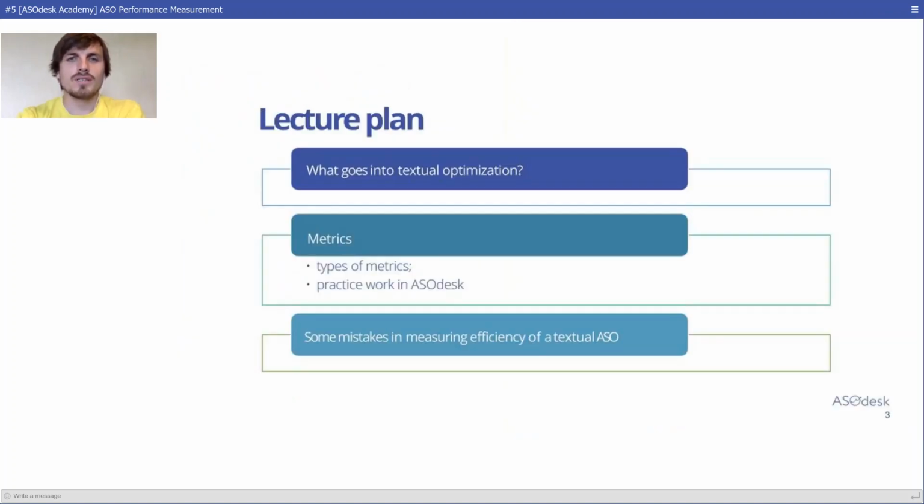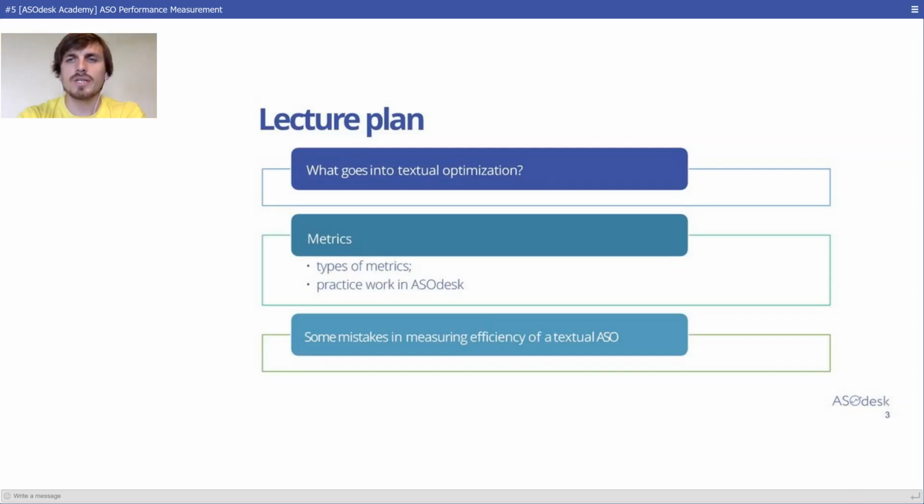So what would be our plan for today? I will say at the very beginning just a few words about textual optimization. We'll remind what it is about, which you already know perfectly after the lectures we had on Monday and Tuesday. Then I will outline the main types of metrics, internal and external metrics, and we will talk in detail about each kind of metrics.